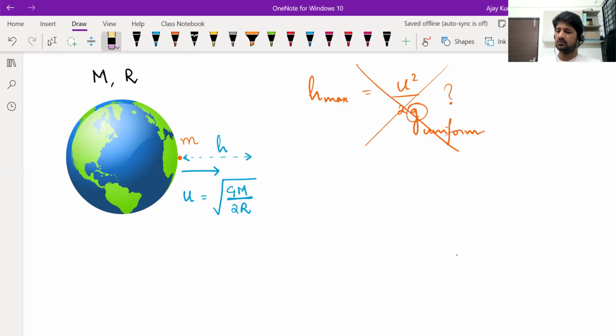Okay. So can one of you tell me an idea? How are you going to find out the maximum height to which the particle is going to rise? Aishwarya, any method you can think of?